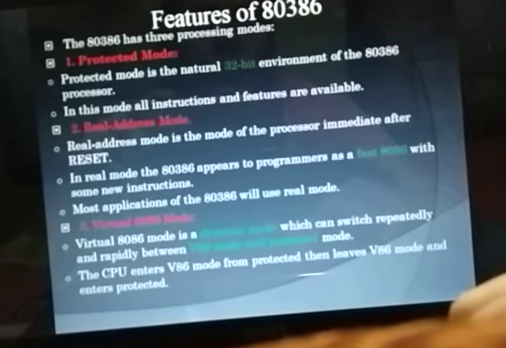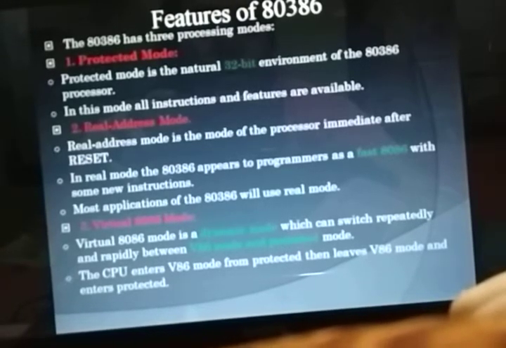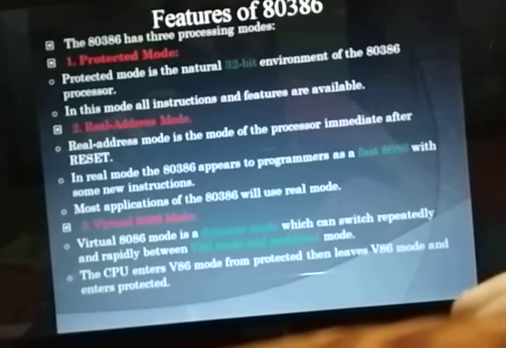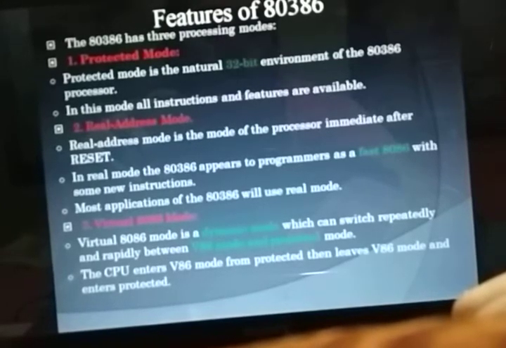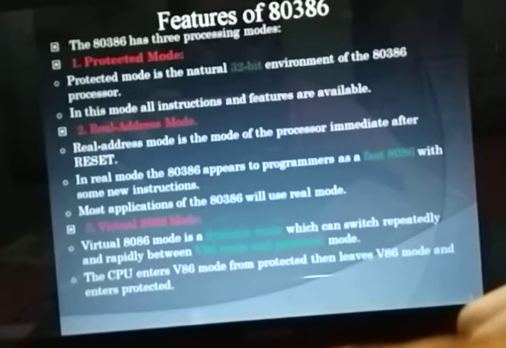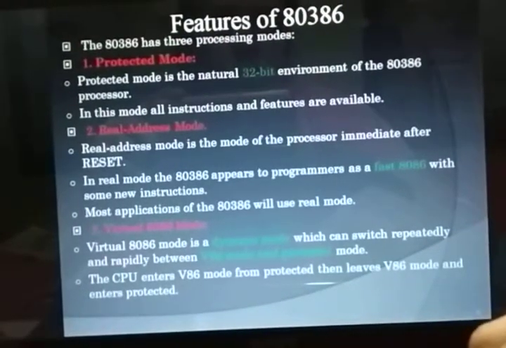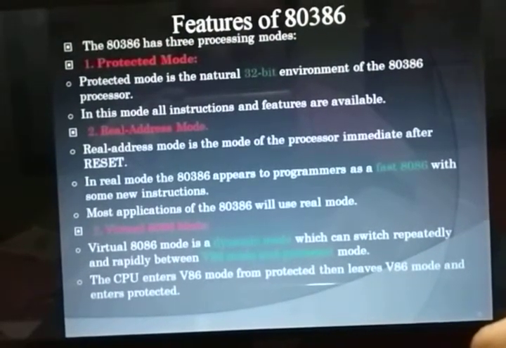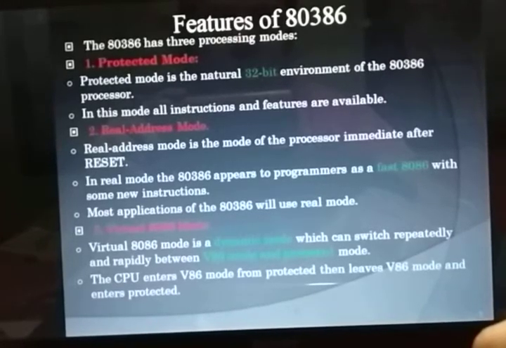Some types of applications you can run only in real addressing mode; you cannot run them in protected mode. Due to this reason, we have to introduce a new mode, the virtual 8086 mode. Whenever the processor is in protected mode, it cannot execute real addressing mode applications.